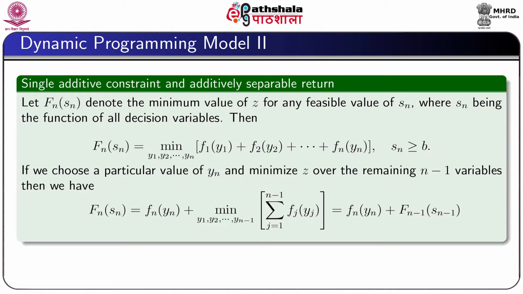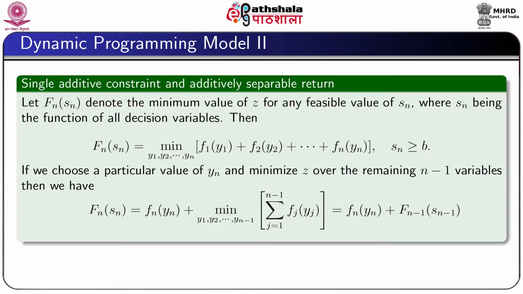First, we choose a particular value of yn and minimize z over the remaining n minus 1 variables. Therefore, we can write Fn(Sn) equal to fn(yn) plus minimum of summation j equal to 1 to n minus 1 fj(yj), where the minimum is taken over y1, y2 up to yn minus 1.